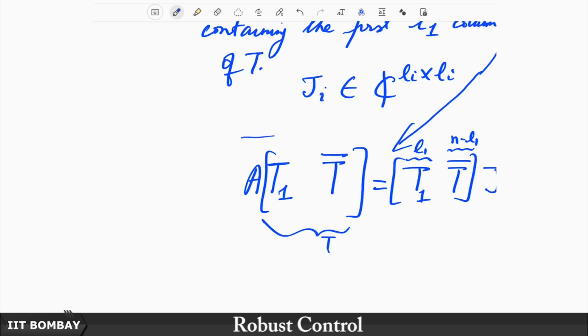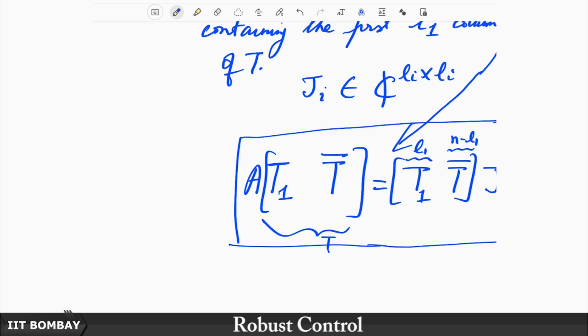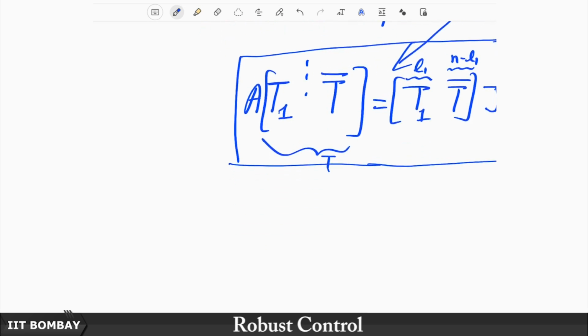Now you notice something very interesting here from this particular relation. On the left hand side I have the product of two matrices, on the right hand side I have the product of two matrices. Left hand side the matrices being A and T, right hand side the matrices being T and J, right. Entry by entry they are equal, so column by column also they are equal.